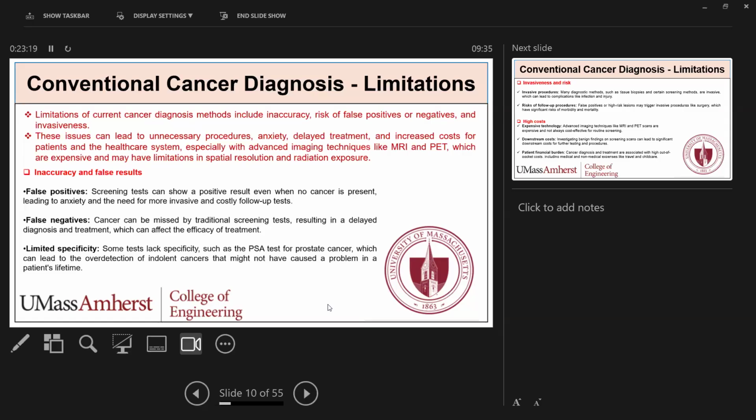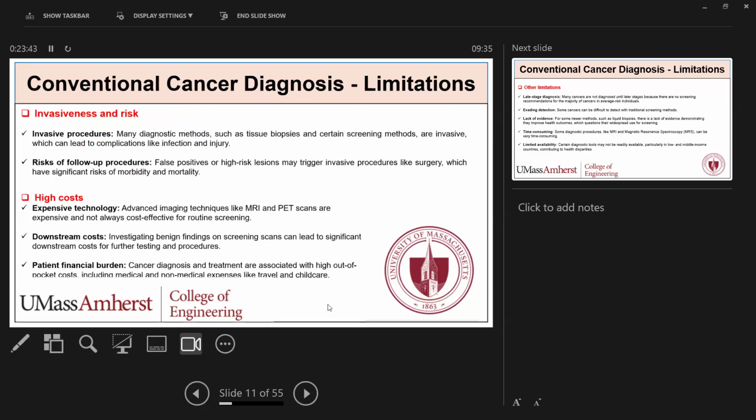However, you are affected in a different organ. What's the point, right? When I go with a pain in my stomach, they say no, you don't have a stomach pain. Instead, you have brain cancer. There is no point, right? So there are a lot of controversies about inaccuracy and false results with conventional cancer diagnosis, mainly based on its specificity.